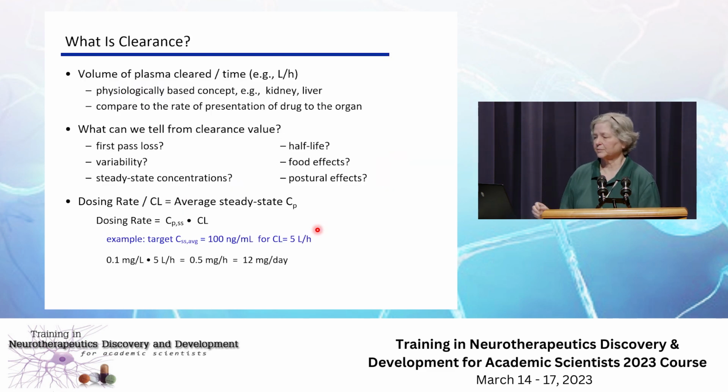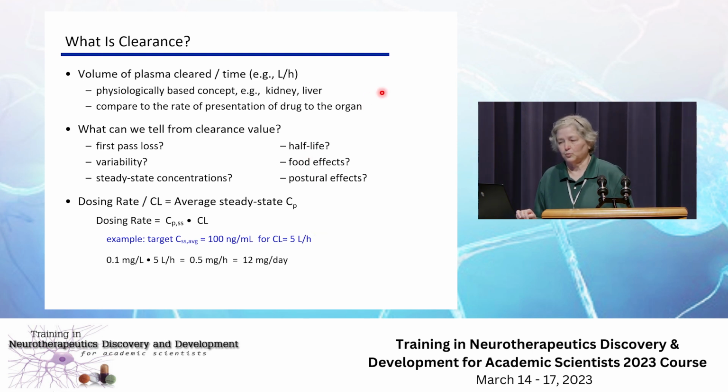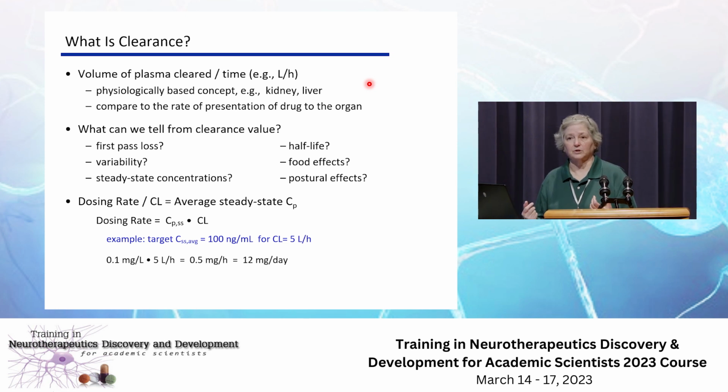One last pharmacokinetic parameter to talk about, and this is clearance. Clearance is the rate that the compound is cleared as a function of time. And we use clearance values to compare to the rate of blood flow to a particular organ.